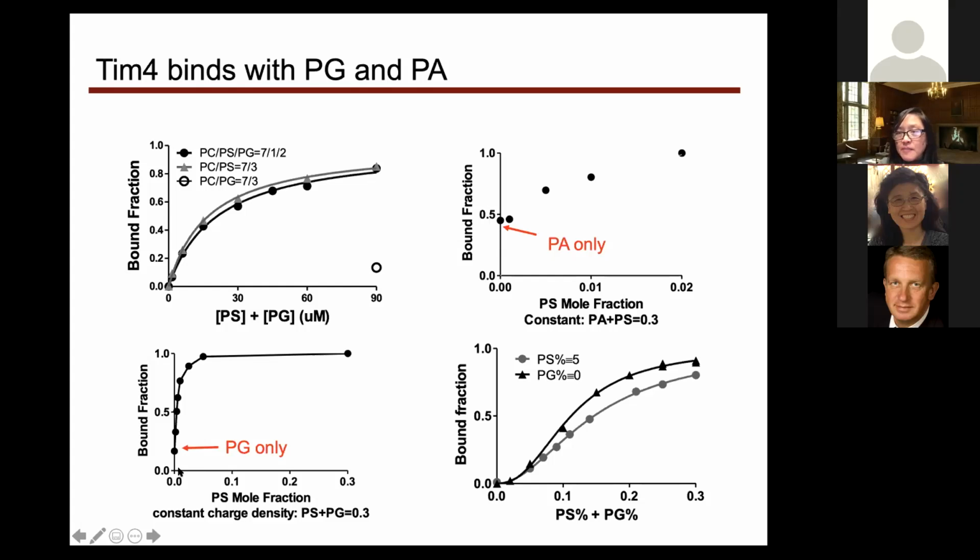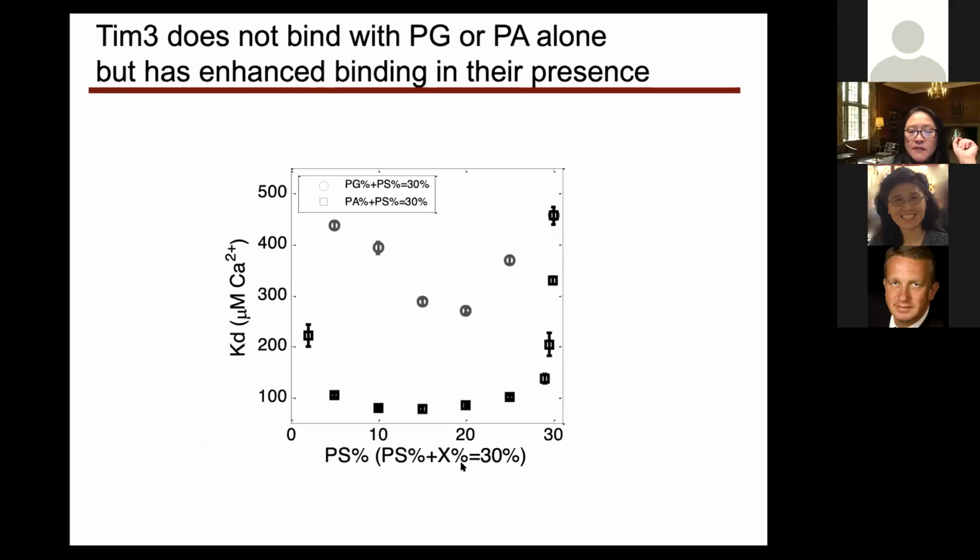And it turns out that PA is something that is actually produced and flipped out when a cell is undergoing apoptosis, but only a very minute amount of PA. So with the total anionic lipid content fixed at 30%, I dial in a little bit of PA at a time. When I am at 30% PS, that means I have no PA.